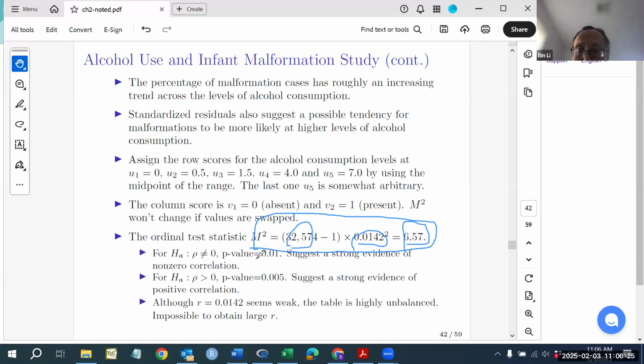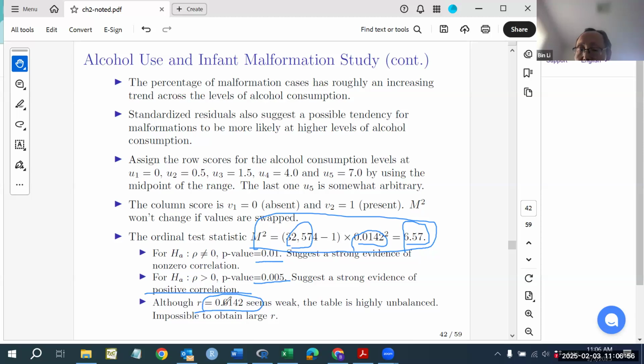Okay, so the p-value is very small, 0.01 for the two-sided and 0.005 for the one-sided. So either one suggests very strong evidence of non-zero correlation, and that correlation is obviously positive. But here you can see the correlation itself is 0.0142, which seems to be a very small value.